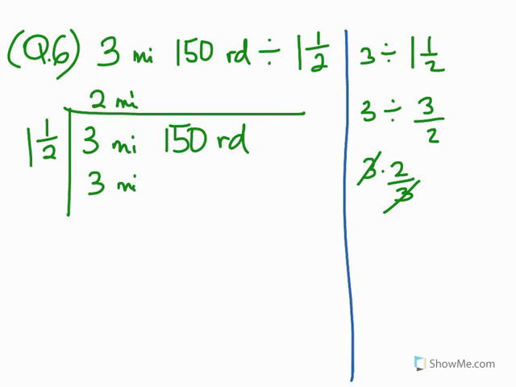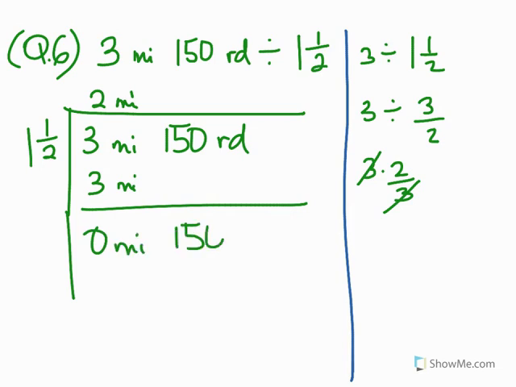Now 3 miles minus 3 miles, of course, is 0 miles, and you bring down 150 rods. You now do 150 divided by 1.5, which means 150 times 2/3. So 3 will divide 3, 1. 3 will divide 150, 50. This is a multiplication of fractions.